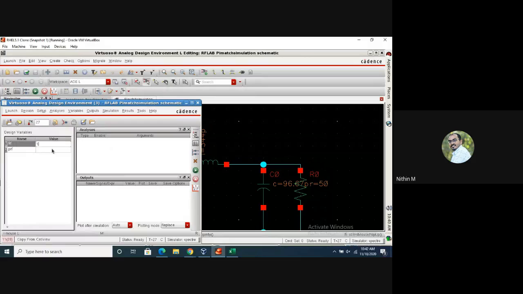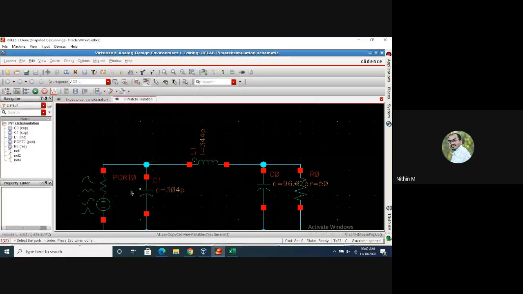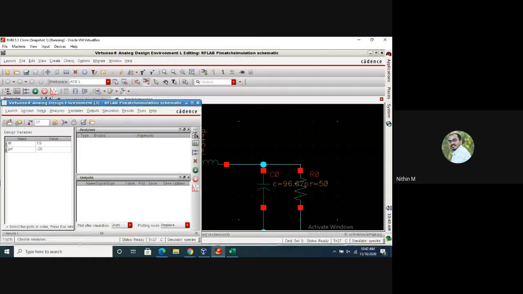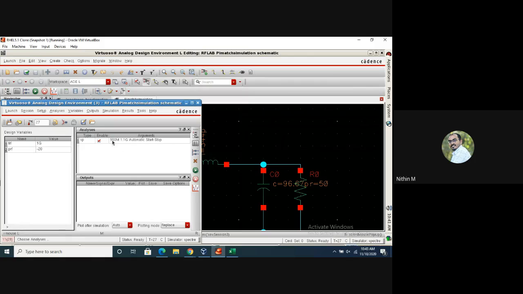Here the source frequency is 1 giga and I'm giving an input of say minus 20 dBm. Now I need to set up the S-parameter analysis here. So I have taken SP and I need to select the port here. So I selected my port. Going back to the SP analysis window, I need to sweep the frequency from 0.9 giga to 1.1 giga, and then apply it so that the simulation is enabled.